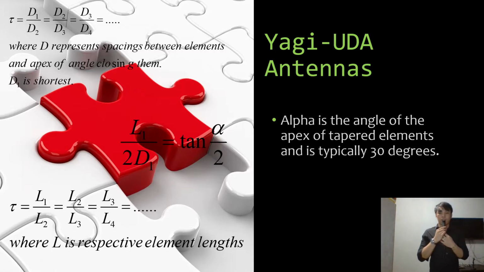It is also equal to length 2 over length 3, and length 3 over length 4, and so forth, where L represents the respective element lengths. So alpha is the angle of the apex of the tapered elements, and it is typically 30 degrees.